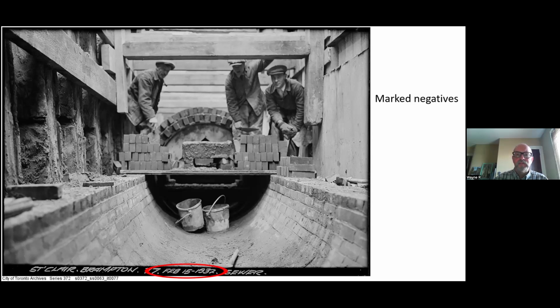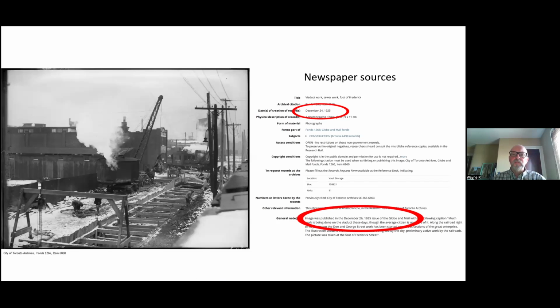In terms of newspaper sources, here's an image that's in the Globe and Mail collection at the City Archives. And I show on the right-hand side the cataloging information that's available online. So this sewer image was created on December 24, 1925.